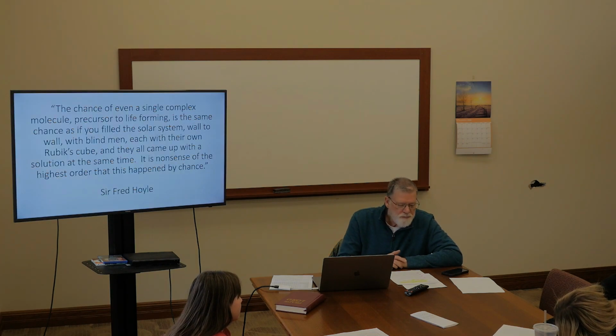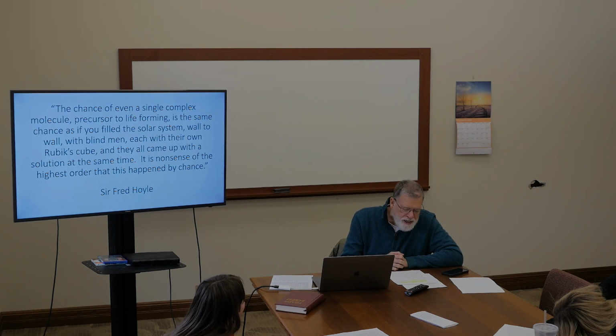The first one is, the chance of even a single cell molecule, precursor to the life forming, is the same chance as if you fill the solar system wall to wall with blind men, each with their own Rubik's Cube, and they all came up with the solution at exactly the same time. It is nonsense of the highest order that this happened by chance.